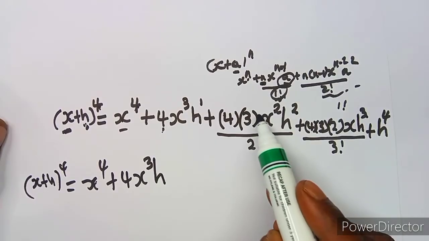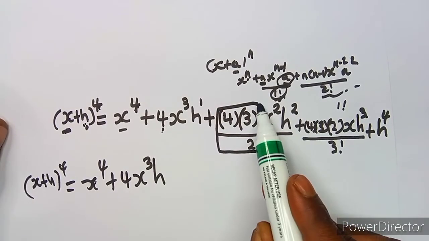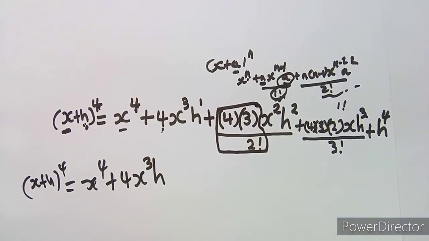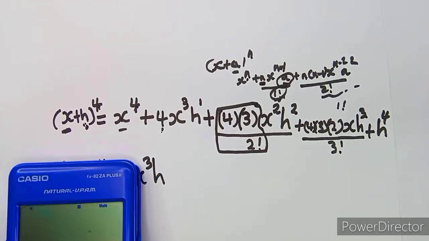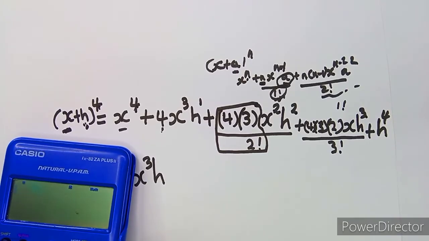All right, so what you're going to do is to simplify this part here from your calculator. Okay, so if you simplify that part properly, you must obtain a 6 there. I don't know if it is going to be clear. There's too much light here, so that's why I'm avoiding this calculator. But it's supposed to be something like this.